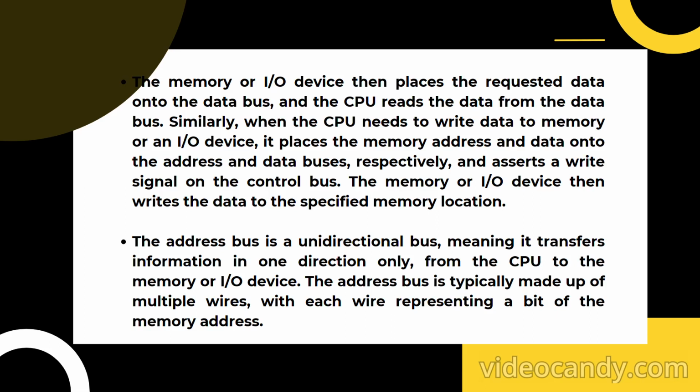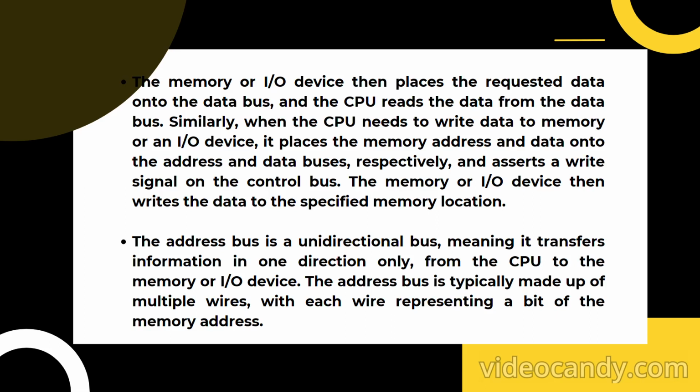Similarly, when the CPU needs to write data to memory or an input-output device, it places the memory address and the data onto the address and data buses respectively, and asserts a write signal on the control bus. The memory or input-output device then writes the data to the specified memory location.